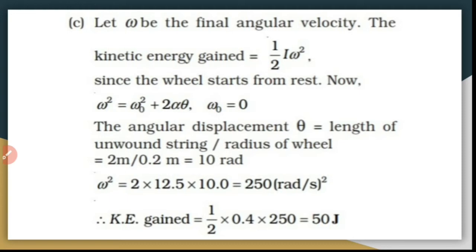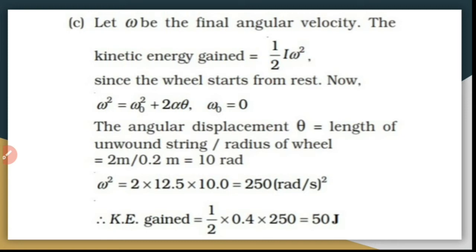We need to find theta first. Theta is the angular displacement. How will we get the angular displacement? It's given that 2 meter of the cord is unwound. So the length of the cord unwound divided by radius will give us the angular displacement. We are getting it from the definition of angle: angle is arc length by radius.